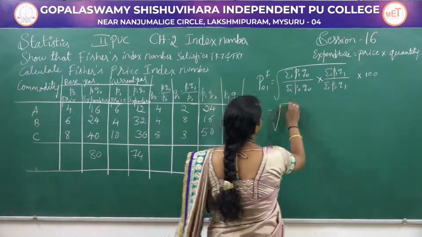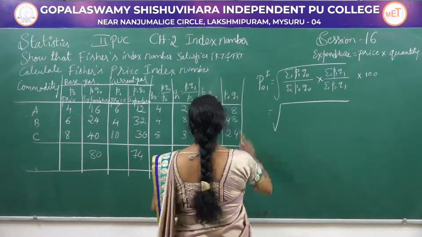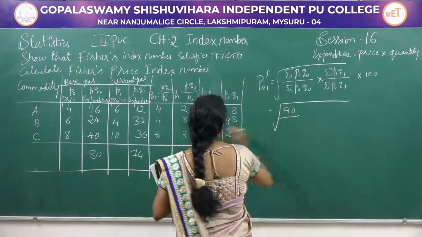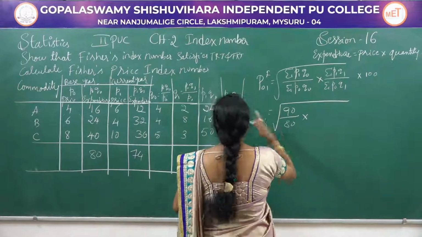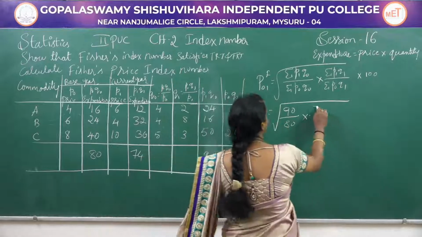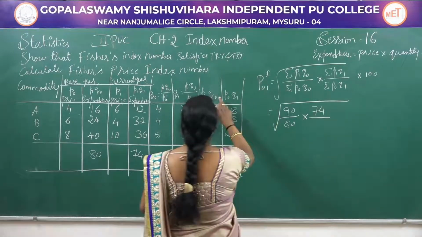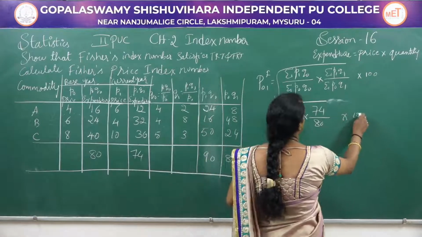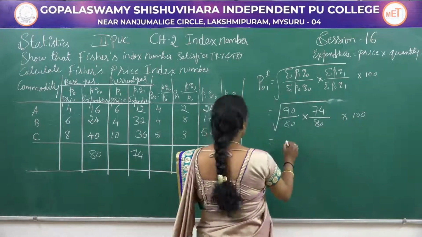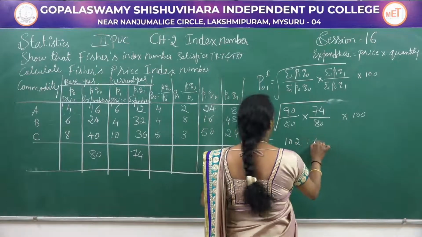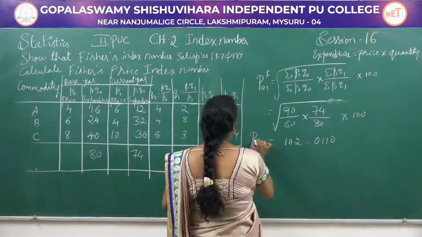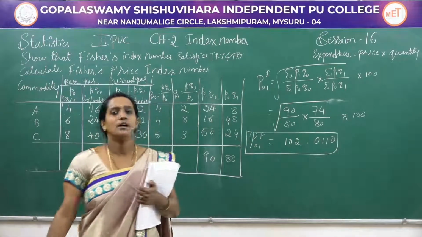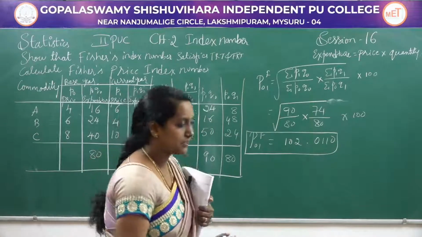Now substitute the values. P1 Q naught is 90, P naught Q naught is 80, P1 Q1 is 74 and P naught Q1 is 80. We take this 100 outside the square root. After simplification, it is 102.0110. This is Fisher's price index number.